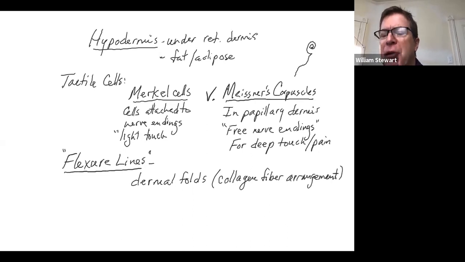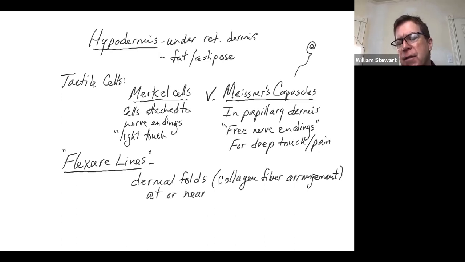But these fibers are bundled together, and at the areas where there's a break in the bundles, we call these flexure lines, and these are typically at or near our joints. It helps facilitate movement, usually at that joint, so we're not fighting against these collagen bundles when we try to move a freely movable joint.